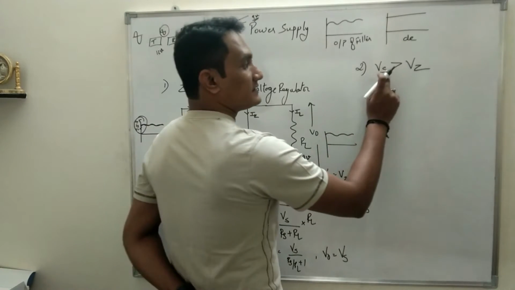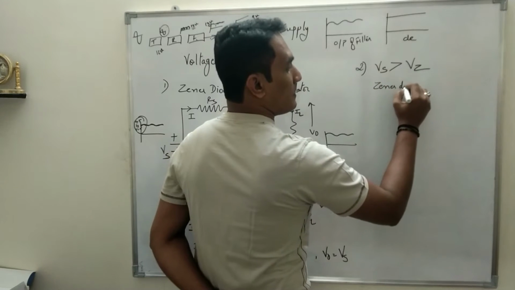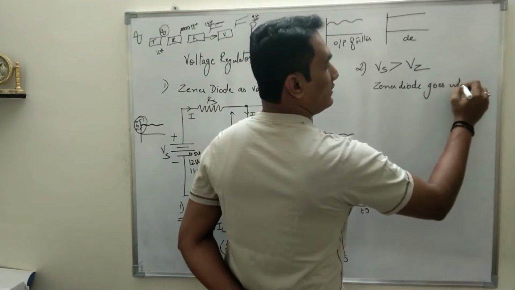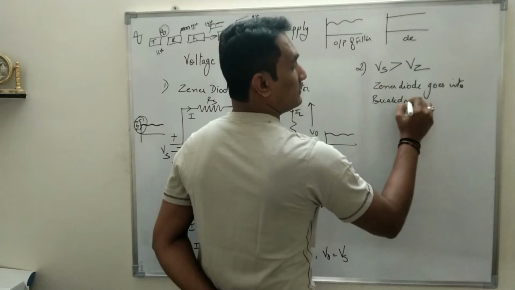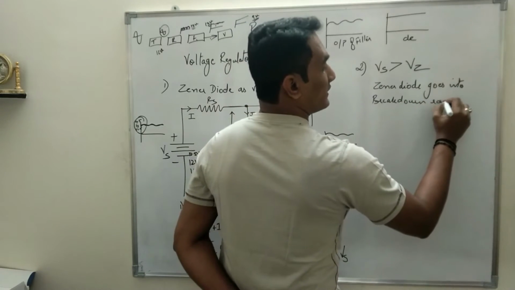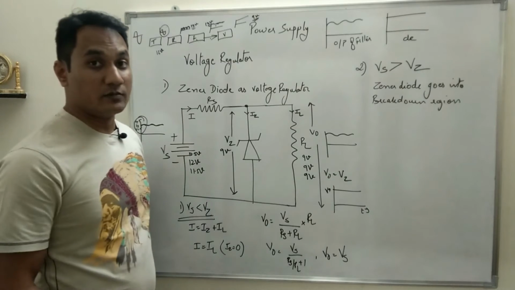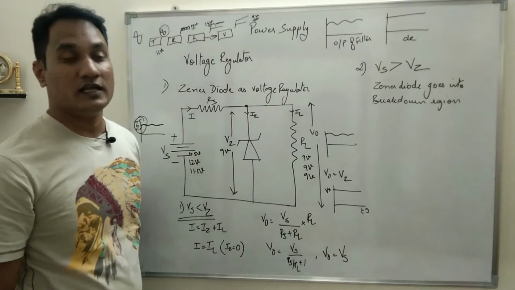So when Vs is greater than Vz, the Zener diode goes into the breakdown region. That means voltage across the Zener remains constant, and current through the Zener diode will increase.